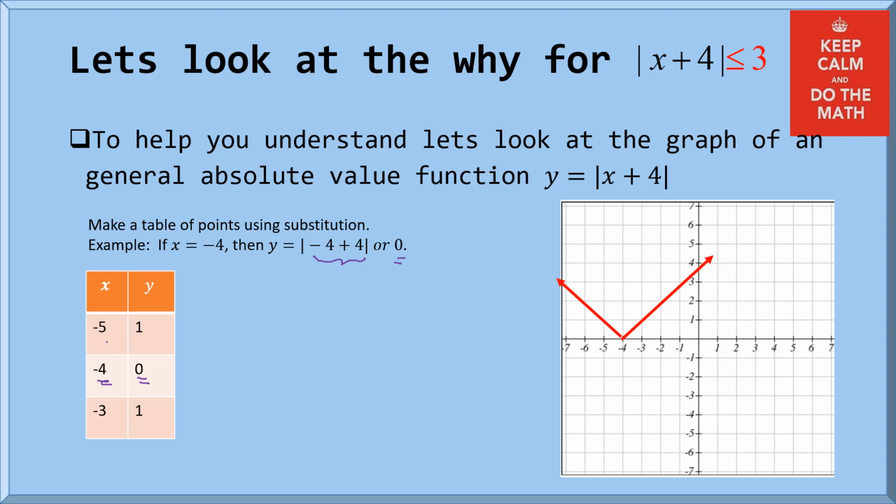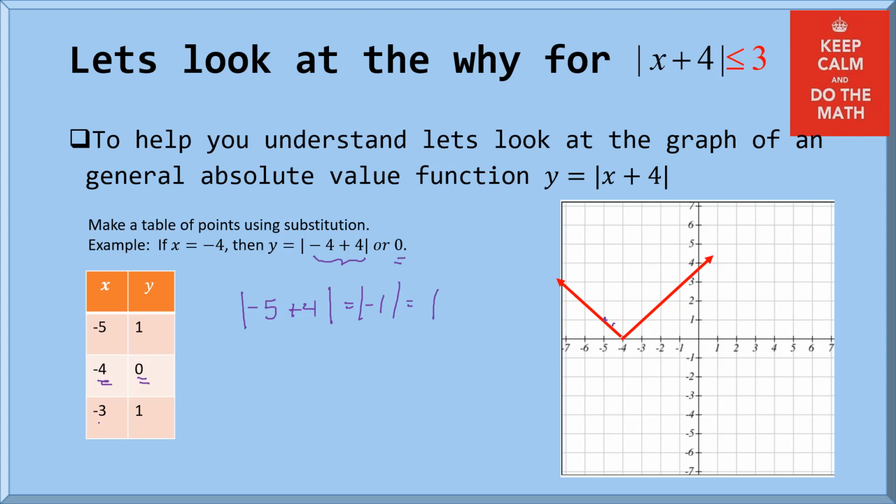At this point, I pick numbers to the left and the right on the number line of my negative 4 to see how far up or how angled is my graph. So I went to negative 5, and if you had plugged in negative 5 for x, you would end up with the absolute value of negative 1. But of course, the absolute value of that is 1. So when x was negative 5, y was positive 1.